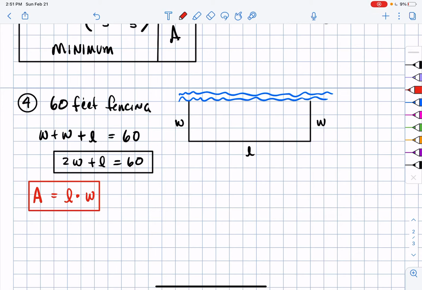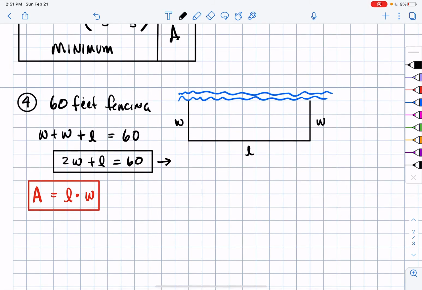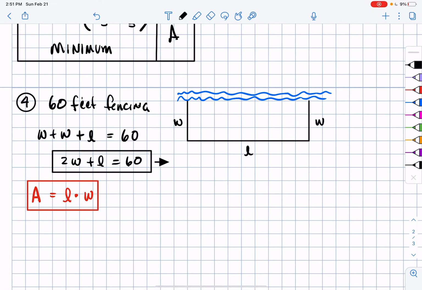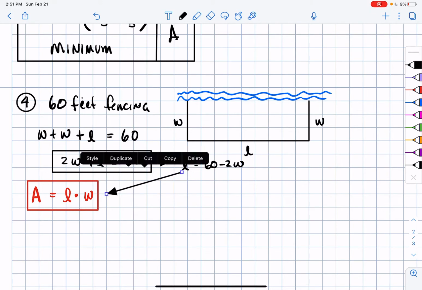So I'm going to take this right here, and I'm going to get L by itself. So L is going to equal 60 minus 2W. And I'm going to go ahead and plug that in to here. Okay? Actually, I'm just going to do it this way.